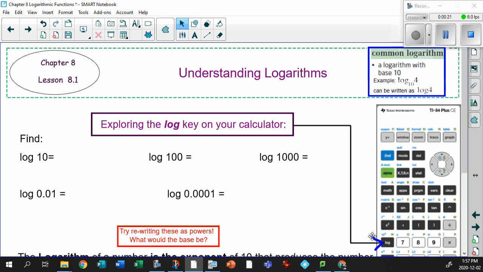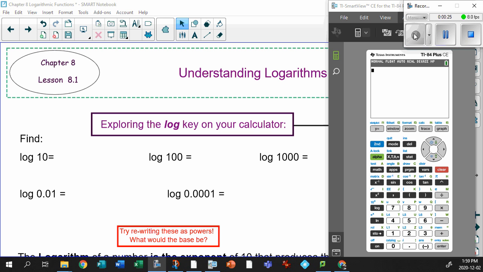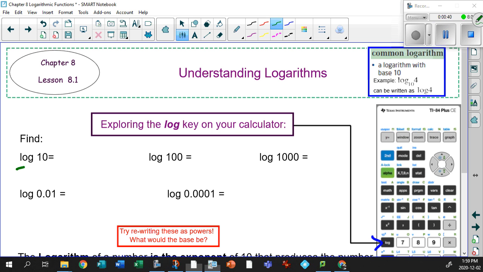Let's boot up our calculator and let's just use what we got. So I have my beautiful calculator sitting right here. Let's go to town. First question is, of course, log of 10. I'm going to hit the log button, and it's going to give you the common base, because if you look at every one of these logs, the base is not written.